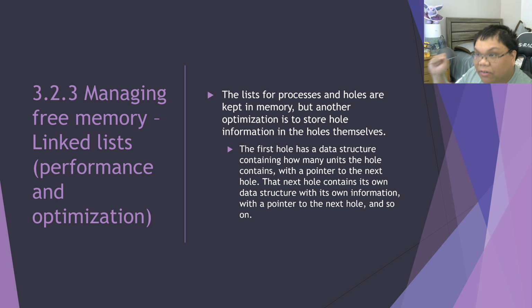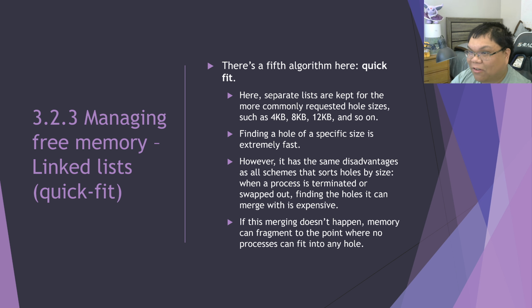That next hole has its own data structure that says this hole is this many units large, and then has a pointer to the next hole, and so on. So basically, these data structures are being stored in memory, but we're using the holes themselves to hold information about the holes. That's kind of funny, don't you think? You're using the holes to store information about the holes.